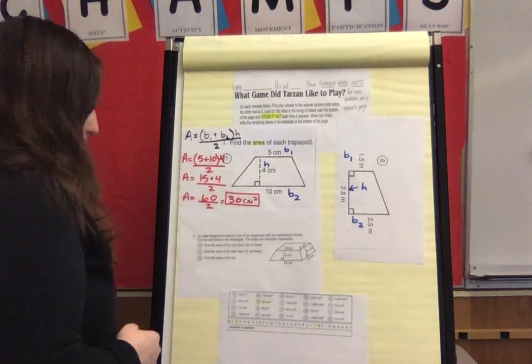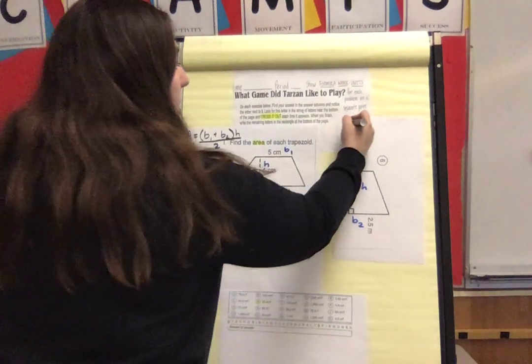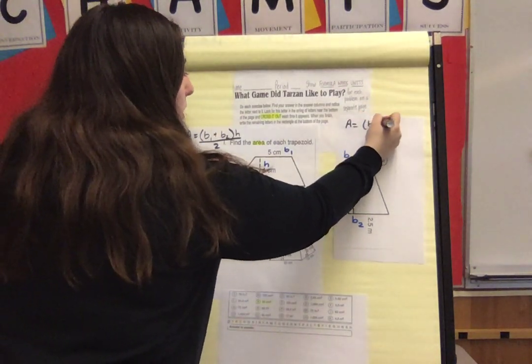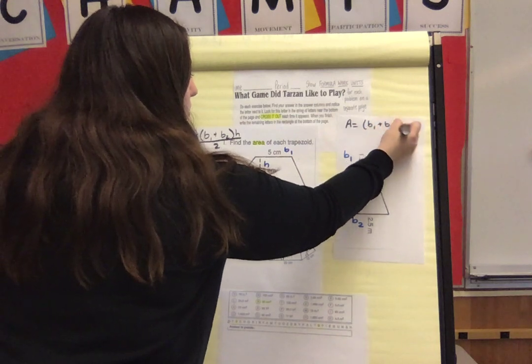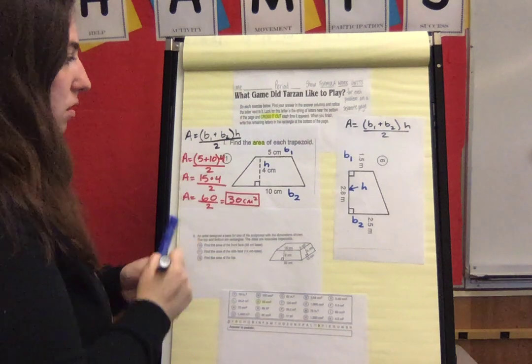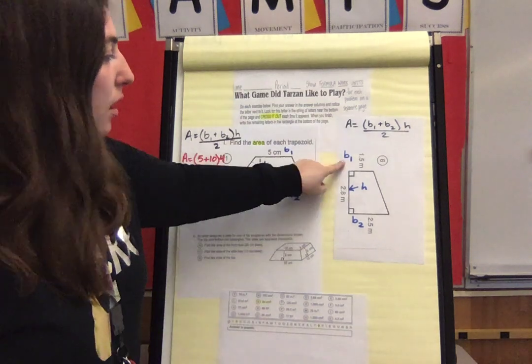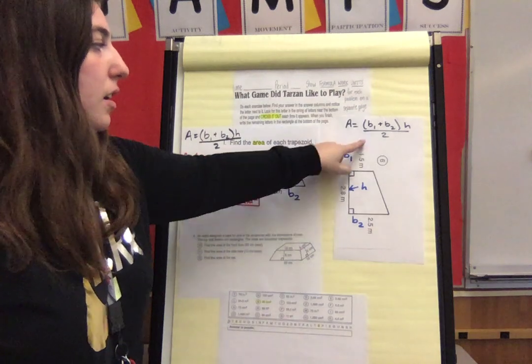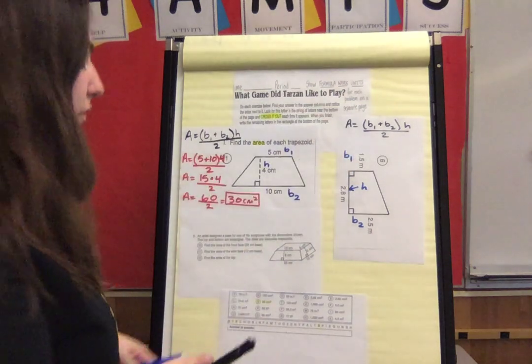Now I also need to write what my formula is. So my formula is A equals base 1 plus base 2 times the height over 2. Now I'm going to start plugging in what I defined as my base 1, base 2, and height into this formula so I can solve for the area.